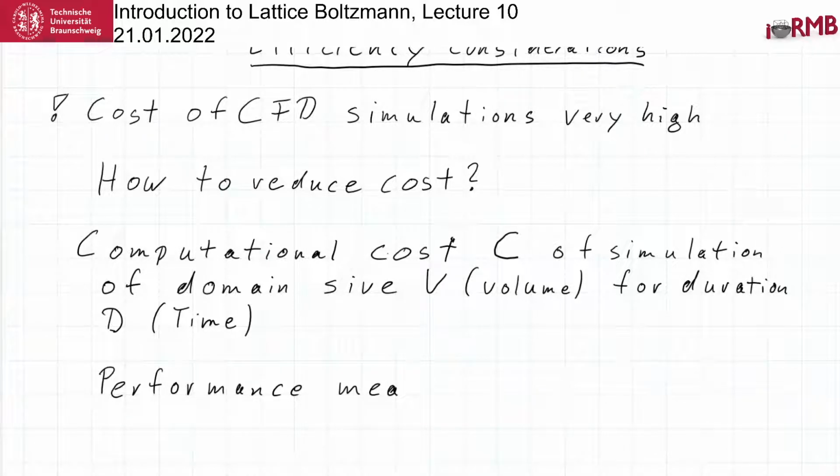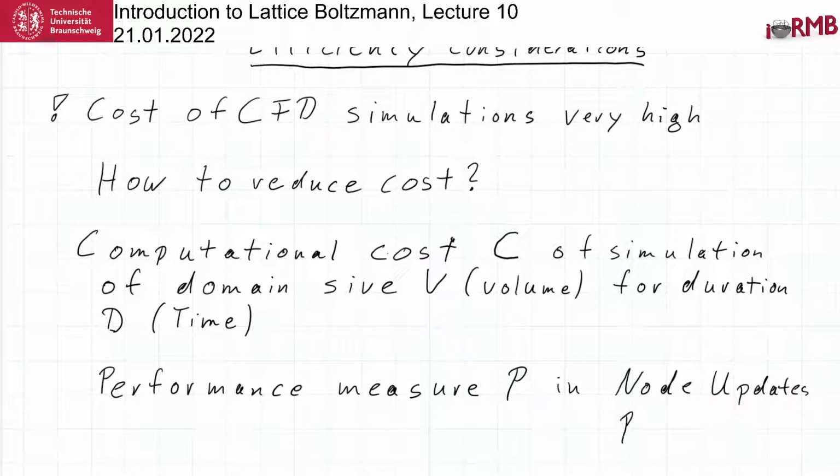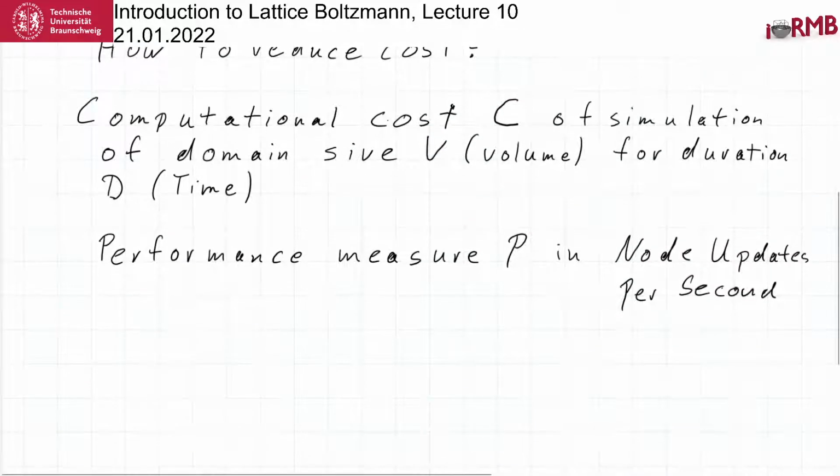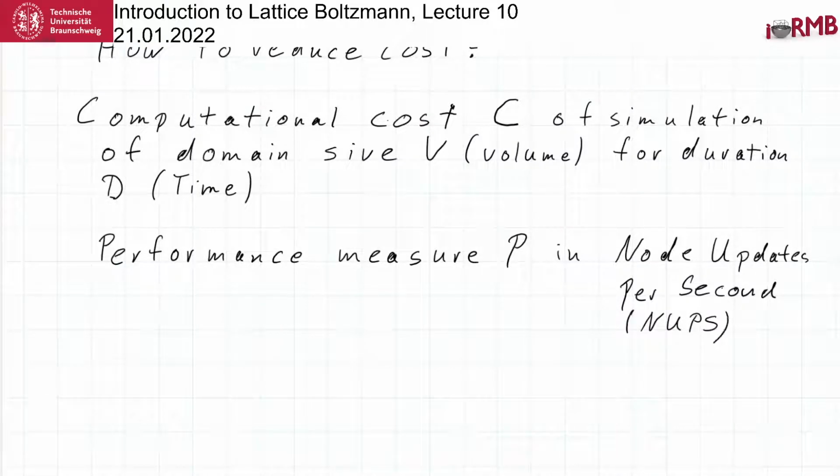So we have to introduce a performance measure, which I now call P, and in the Lattice Boltzmann world it is usually given in node updates per second. And node updates per second, this is called an NUPS. N-U-P-S. NUPS.